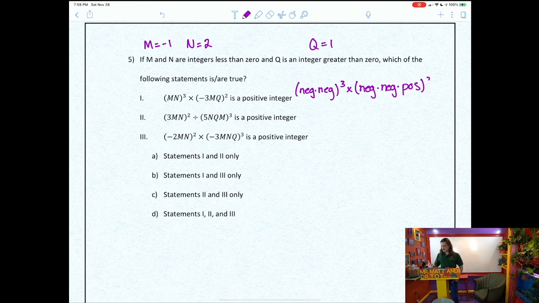A negative times a negative is going to be a positive, so this is going to be a positive cubed, times a negative is a positive. That positive times a positive will be positive overall, so we're going to have a positive squared. A positive cubed is positive, a positive squared is positive, and a positive times a positive will stay positive. So statement 1 is true.